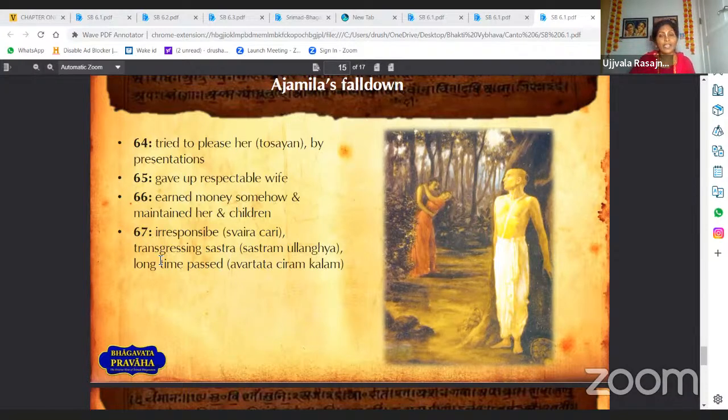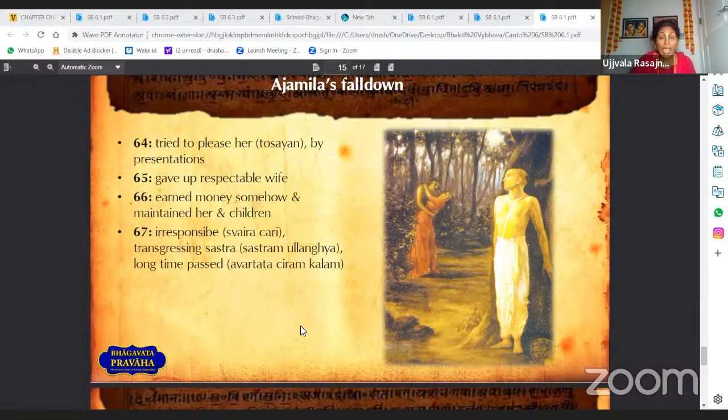But one day, as he was passing through the forest, he saw a man with a prostitute in the forest. When he saw those intimate dealings in a public place, this brahmana was agitated.